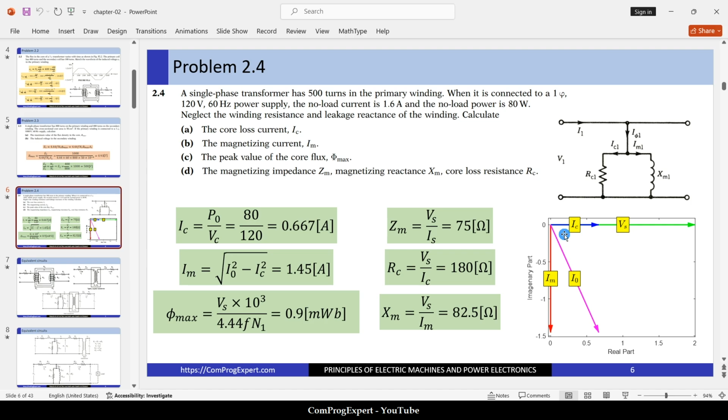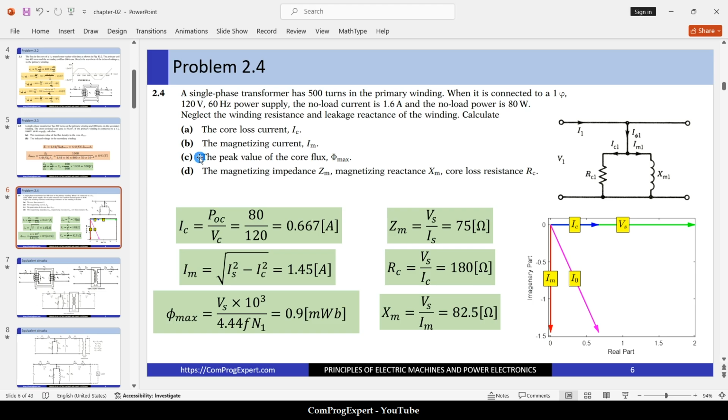So the amplitude of IM is the square root of the amplitude of IS, let's denote it by S, and this one by open circuit. So IM is the square root of IS to the power 2 minus IC to the power 2, that is equal to 1.45. Yes, this is the magnetizing current. So we calculated the core loss current and the magnetizing current.